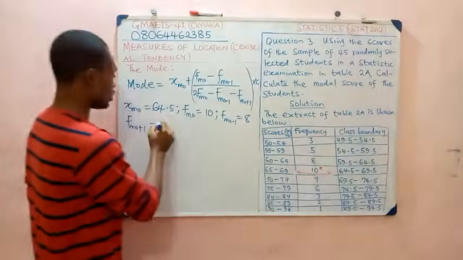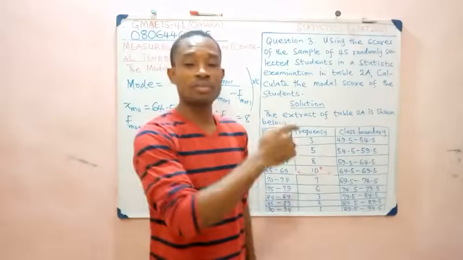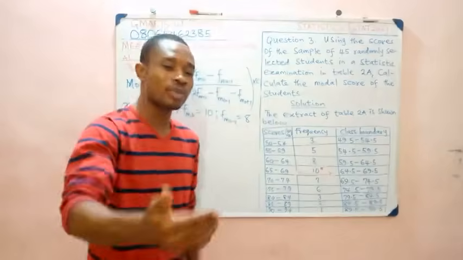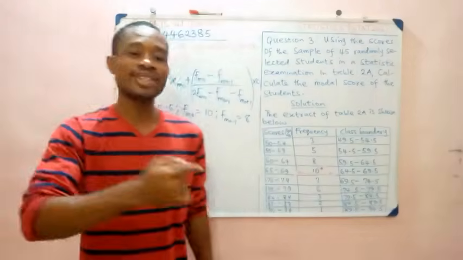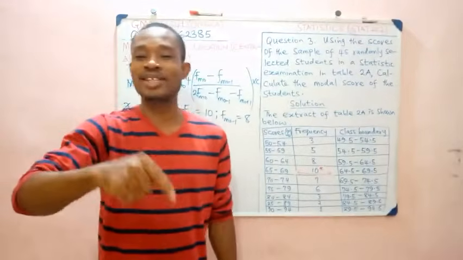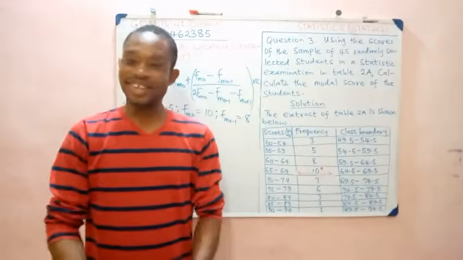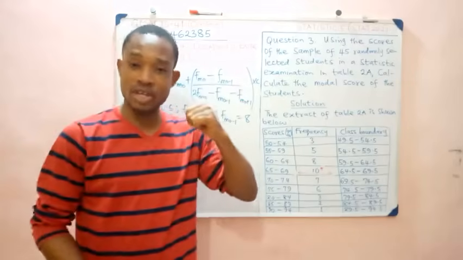The frequency is 7. Now the class width, we can obtain the class width either from the class boundary by doing upper class boundary minus lower class boundary, or you obtain the class width from the class limit by doing upper class limit minus lower class limit, then you add 1. Is that okay? Take note of that, please. I didn't state it previously.